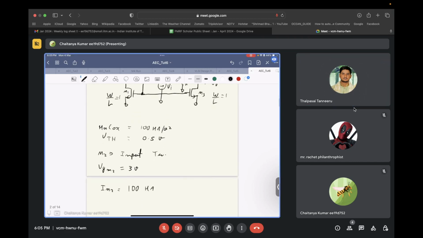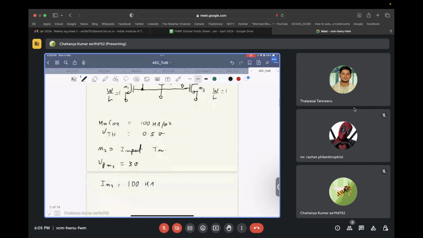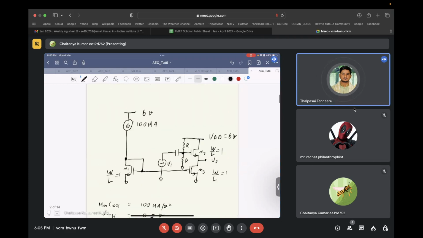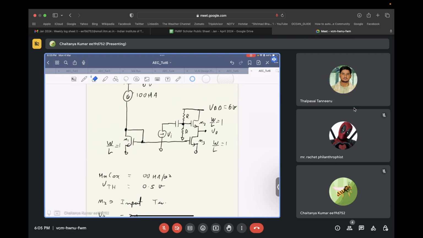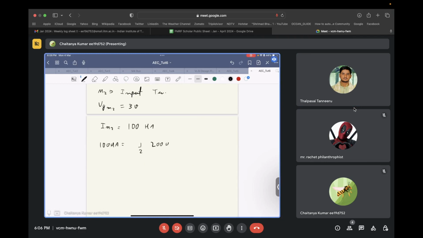Now, you know that 100 microampere current flows through M2, so 100 microampere is equal to half mu n Cox. Let me do it for ease of calculation. Let it be 200 microampere per volt square. Half into 200 microampere per volt square into W by L, that is 1, times (VGS2 minus VTH) whole square.